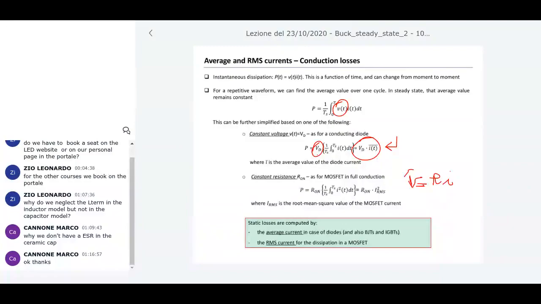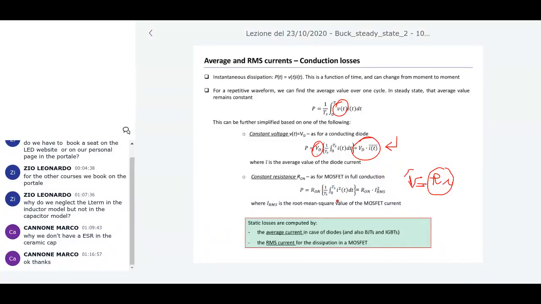So if you take this expression and replace it inside the integral, you get Ron, times the expression in this parenthesis, 1 over Ts, the integral of I squared of t dt.